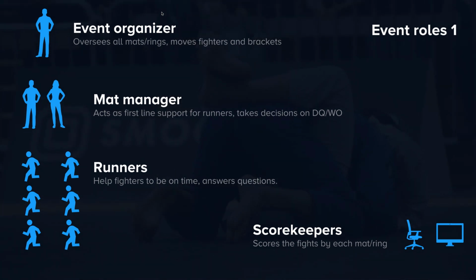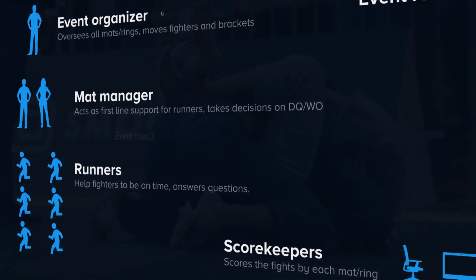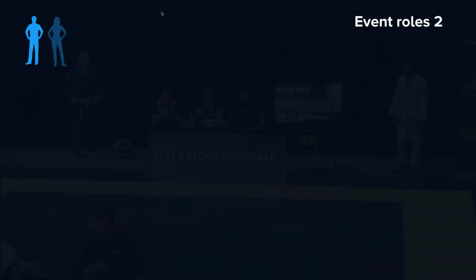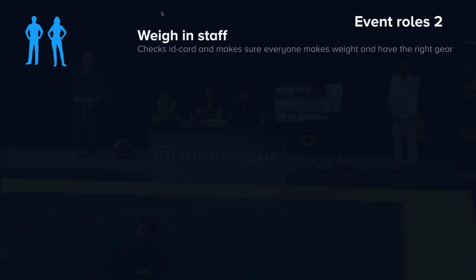So I'm going to move over to the next slide with more event roles. If we are talking about hands in the system, who works the Smoothcomp system, the main person is the one on the last slide, which is the scorekeepers. They decide how the results should be put in on each mat, and they propagate the tournament forward.